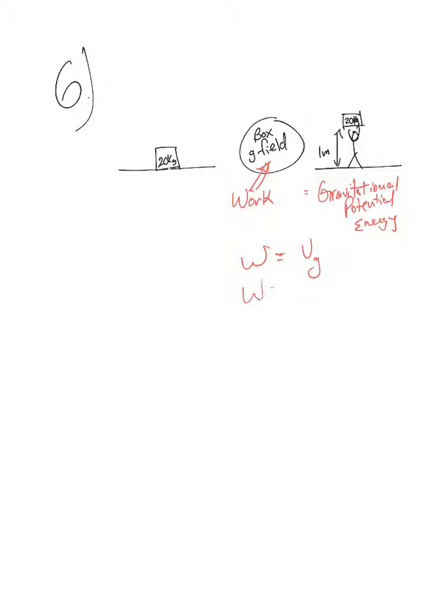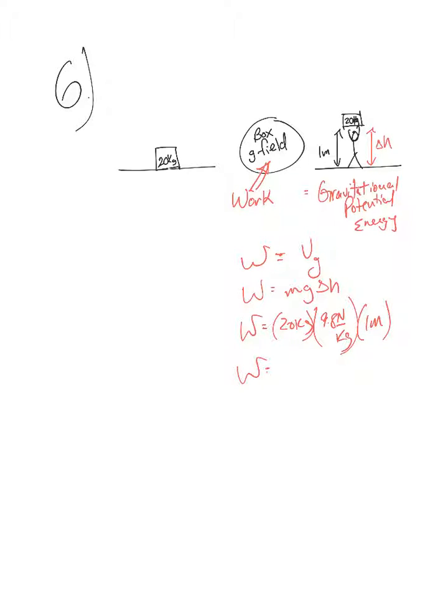So work is going to equal mg, maybe I'll call this delta H, so mg delta H. So work is going to equal 20 kilograms times 9.8 newtons per kilogram times 1 meter.